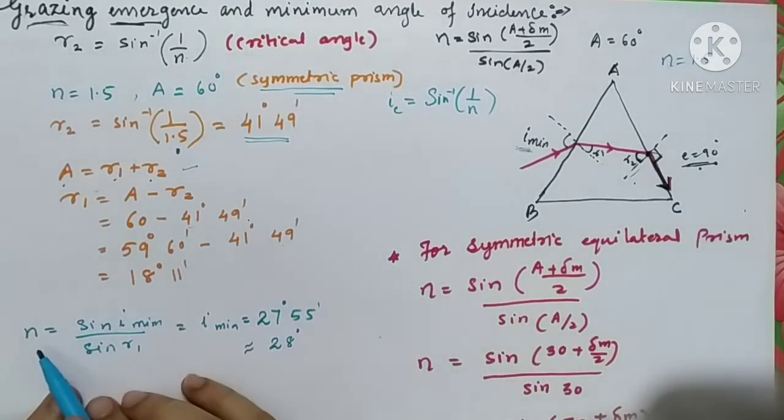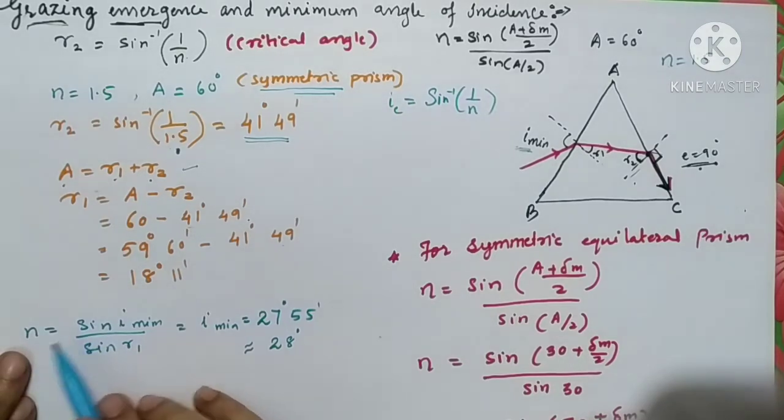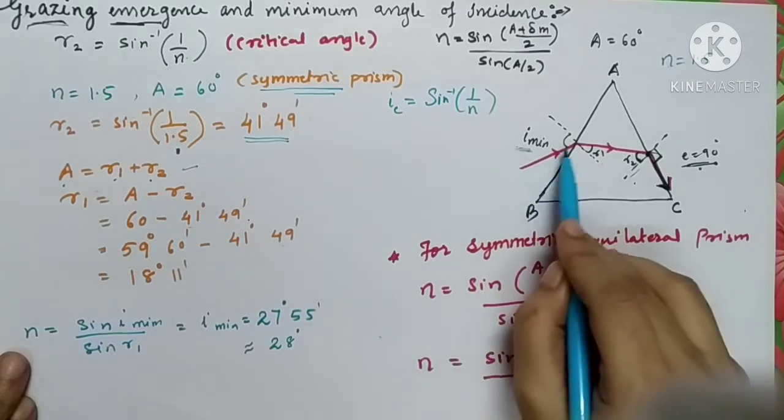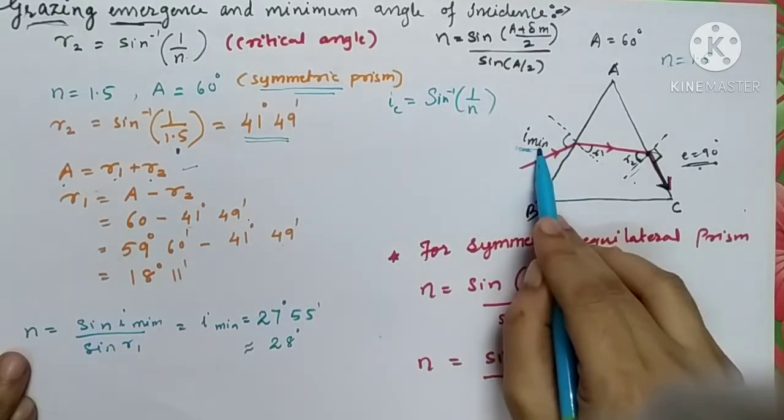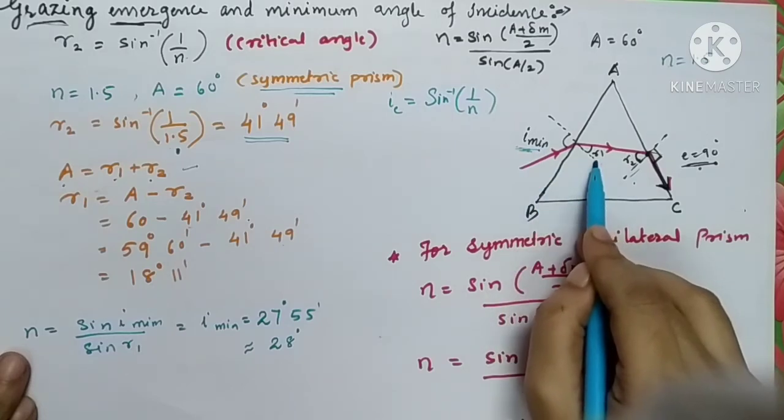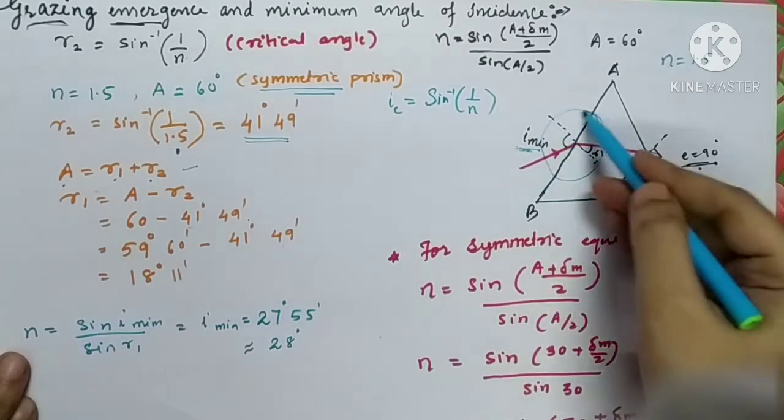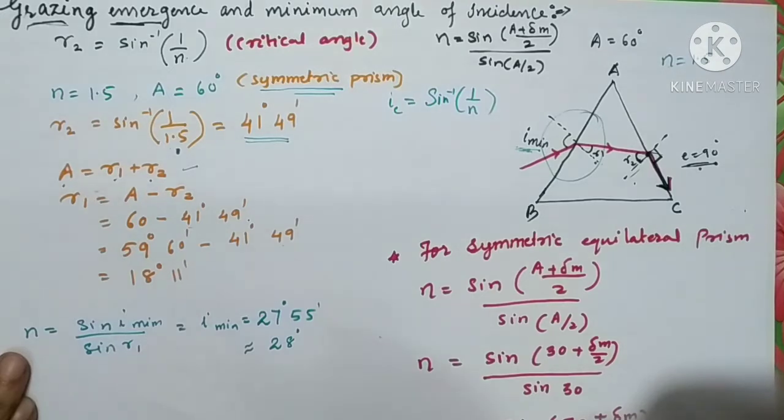So from the formula of refractive index from Snell's law, we can write n is equal to sin i upon sin r. So I can write this as sin of i minimum upon sin of R1. Only the first refraction is to be considered over here. So refractive index is equal to sin of i minimum divided by sin of R1.